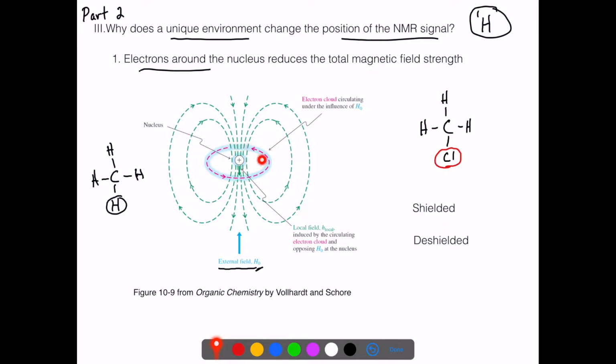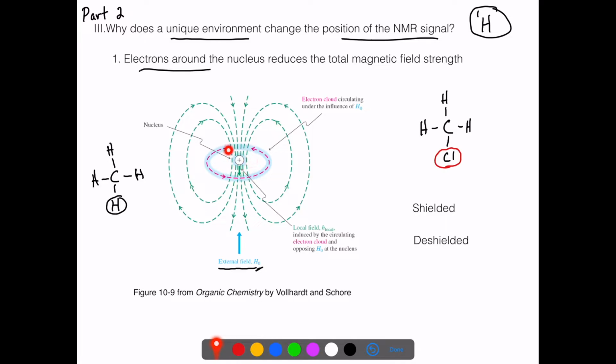Because this opposition is weaker, the proton in the nucleus is feeling the more full effects of the external field, so it's held more tightly, and hence it will require more energy to change the position, to flip it from the alpha into the beta position.